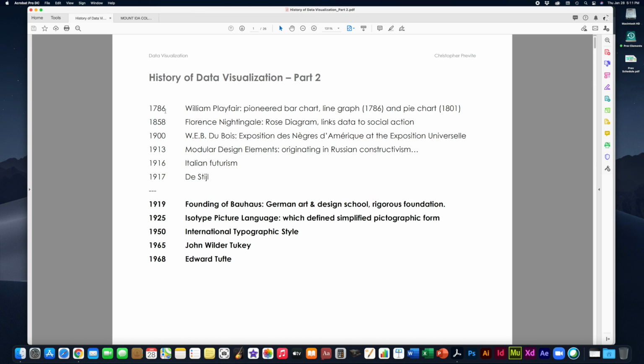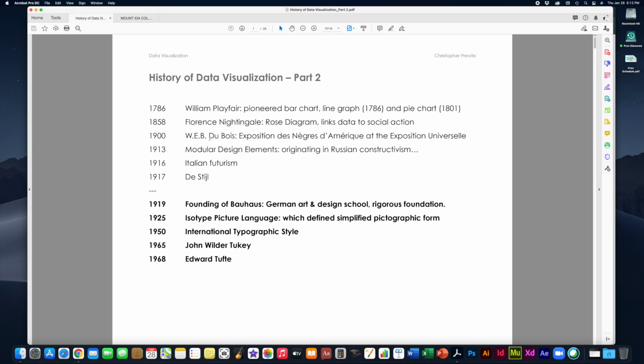Okay, so last time we went from 1786 to 1917 and we covered these top areas of history here. And of course, just to remind you, data visualization as an area of practice and study did not come into being fully formed. Most areas of design do not. They become an amalgam of a variety of occurrences and experiences over time that led to them becoming what they are today.